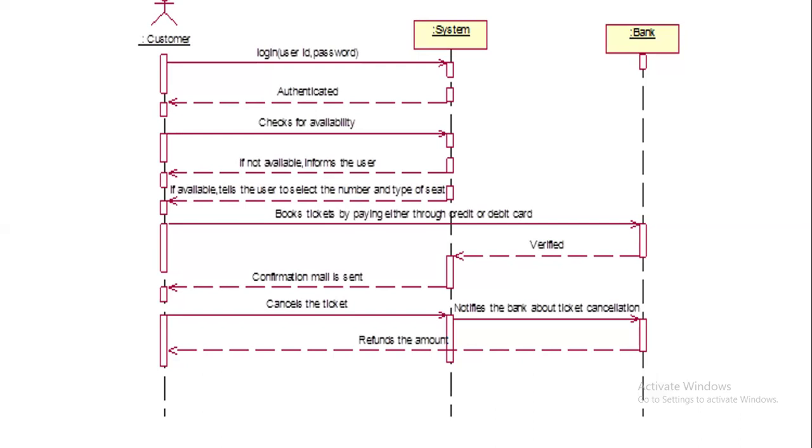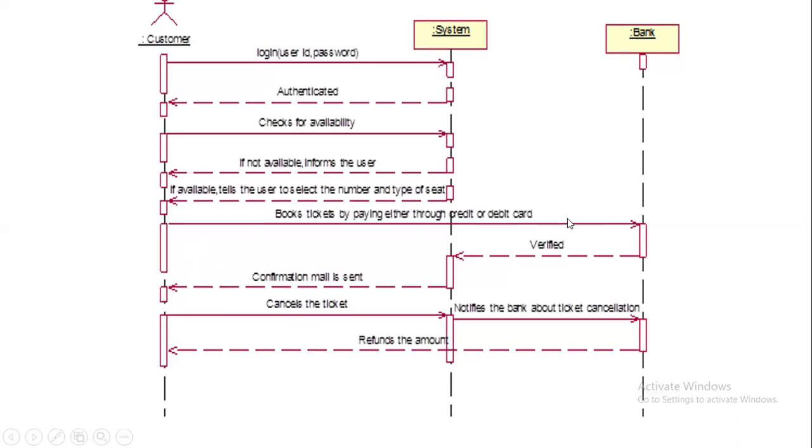If it is available, the system asks to select the number and types of seats. It is actually a ticket reservation system. Next, the customer books the tickets by paying either through credit card or debit card.